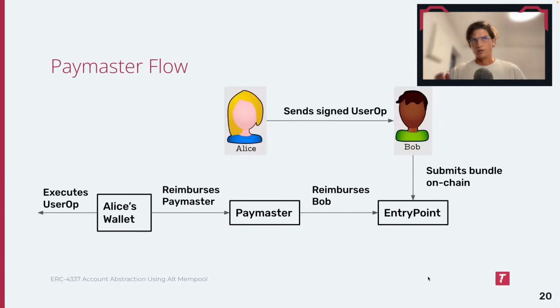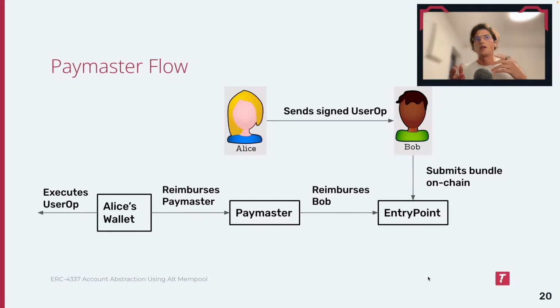Now we're introducing a paymaster, so let's go through the flow with an included paymaster. In this case, again, Alice creates a user op, signs it, and sends it to Bob. Bob submits the bundled user ops on-chain inside of the entry point.